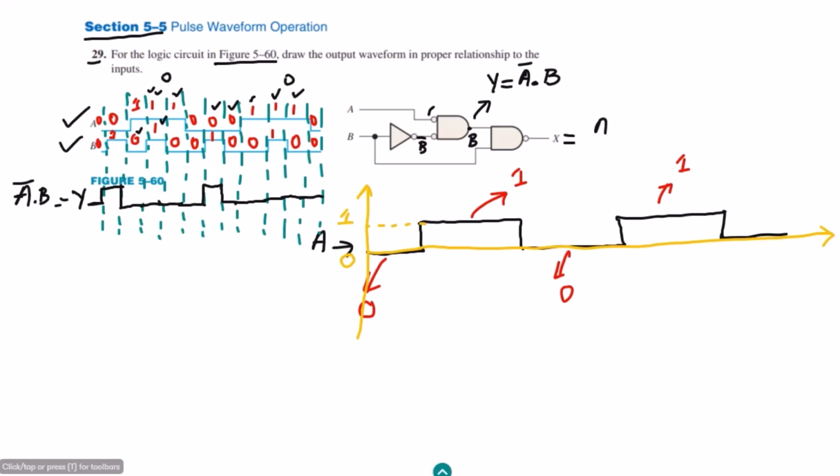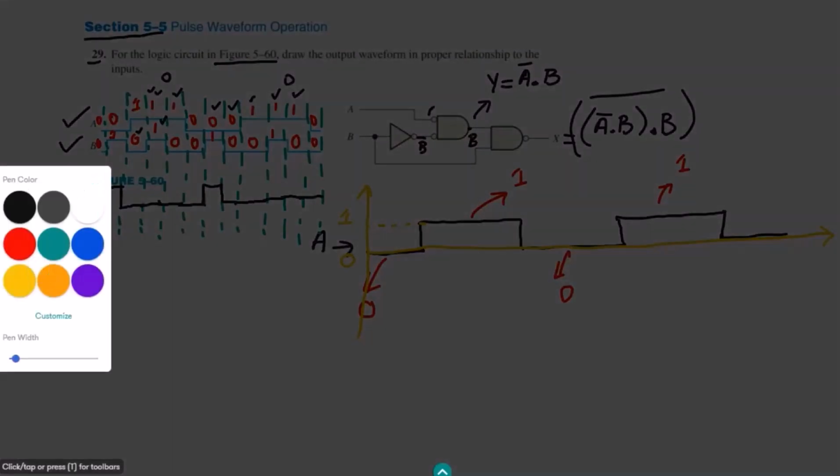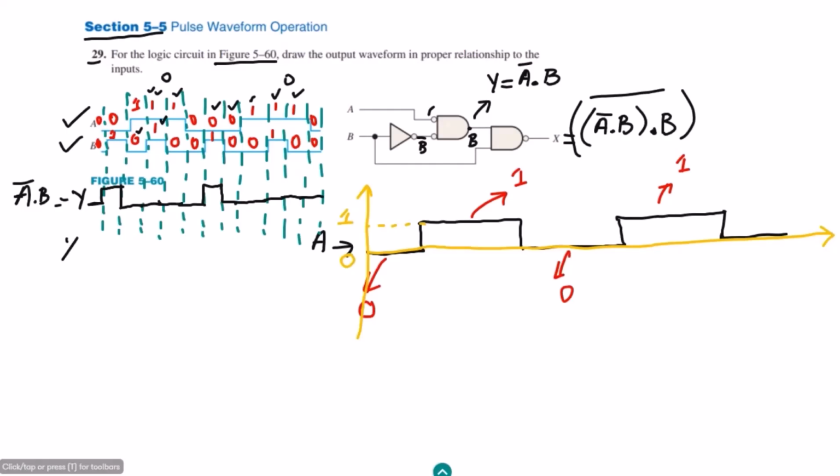So a complement dot b is multiplied with b, and this is the whole complement. This is x. So the value of x is a prime dot b multiplied by b, and the complement of them.